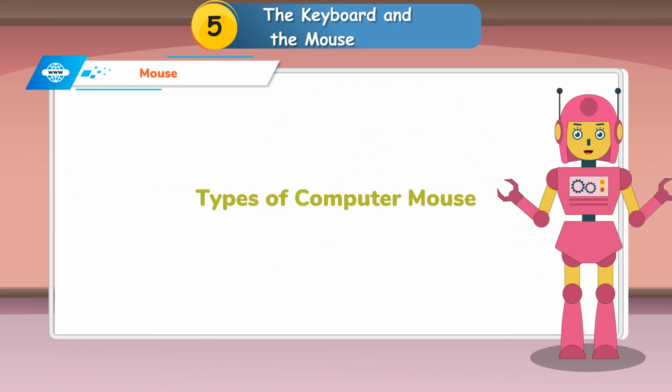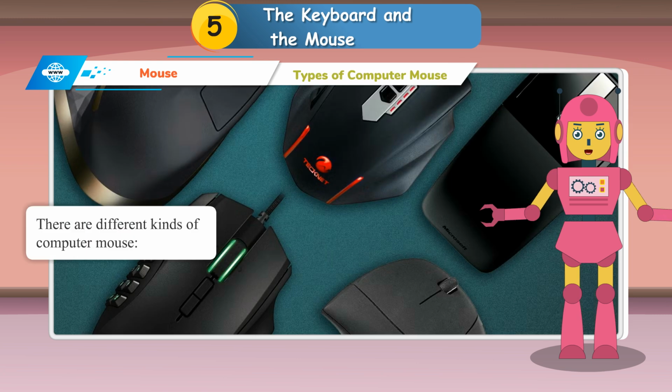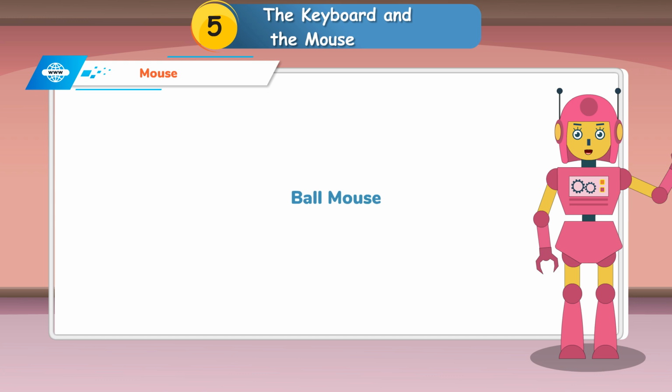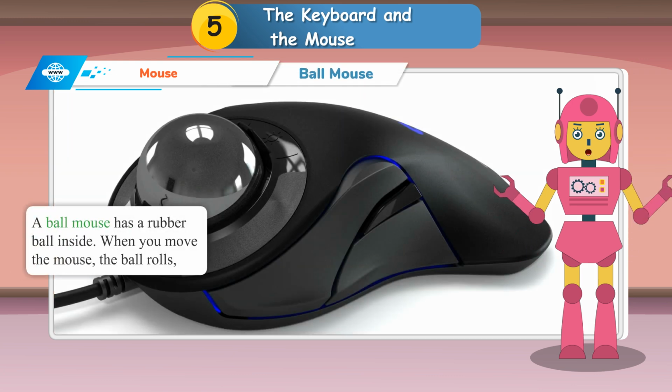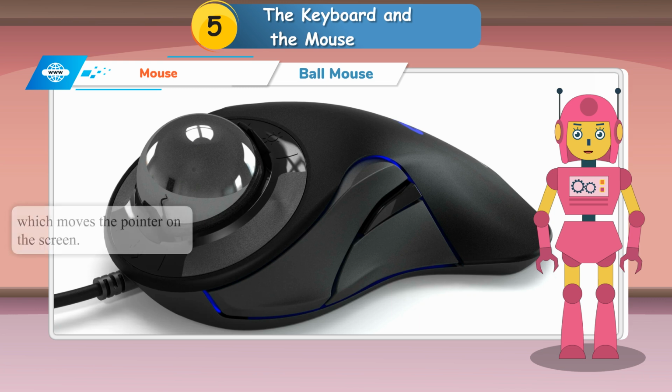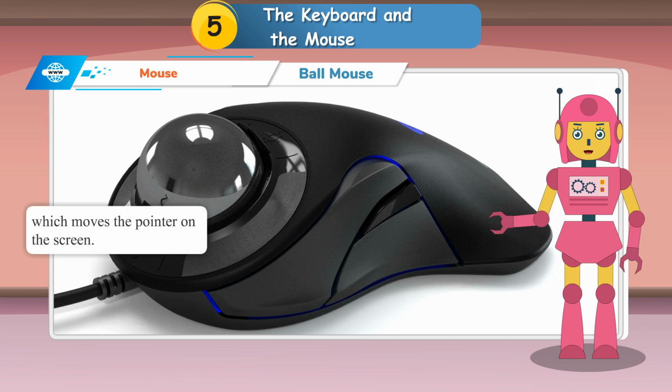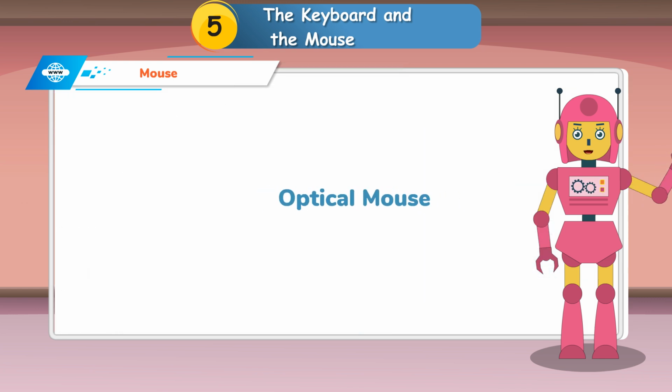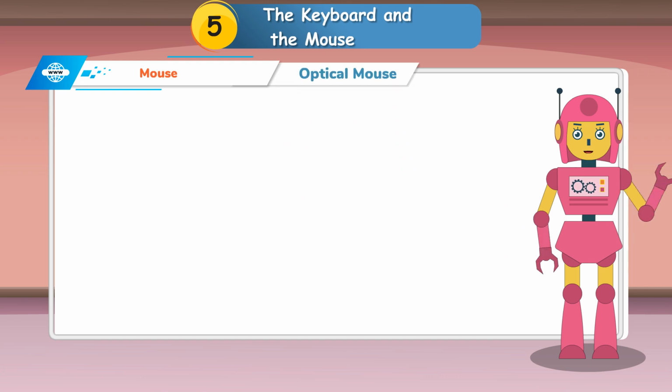Types of computer mouse. There are different kinds of computer mouse. Ball mouse. A ball mouse has a rubber ball inside. When you move the mouse, the ball rolls, which moves the pointer on the screen. Optical mouse.